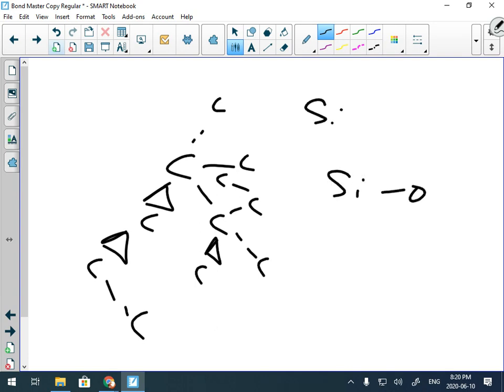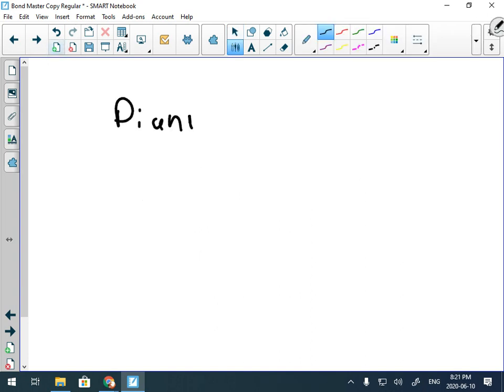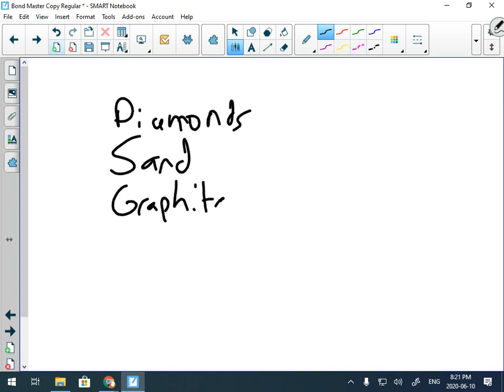Silicon dioxide, I'm going to talk about this with the IBs on Monday. It's a little different. Network covalent produces 3 things you've probably heard of before: diamonds, sand, and graphite. I'm going to have some more links about graphite in the lesson today.